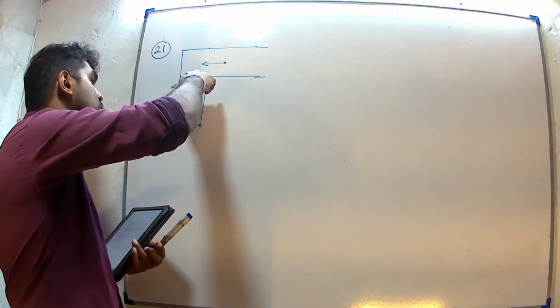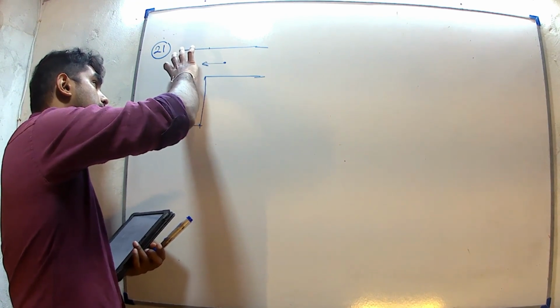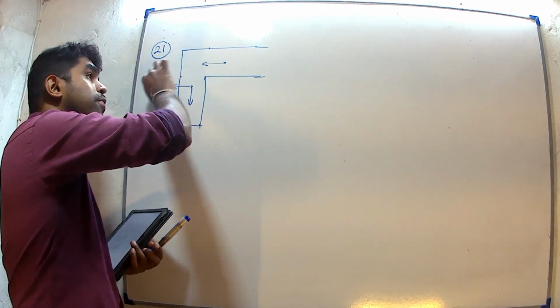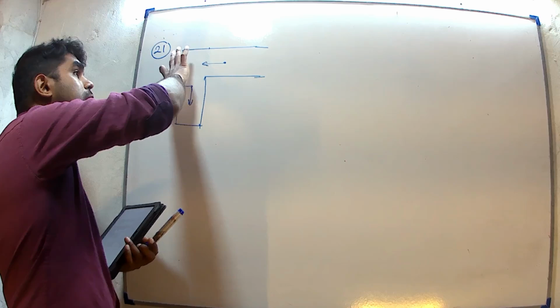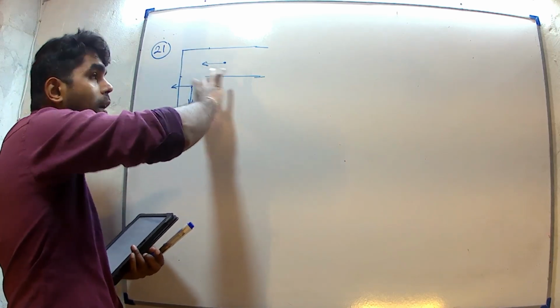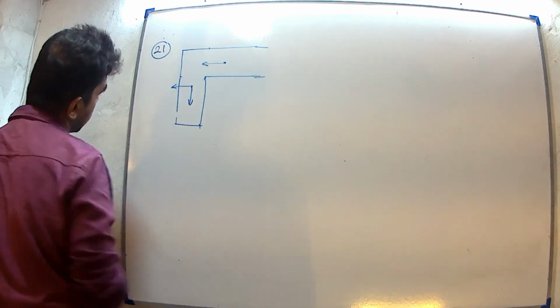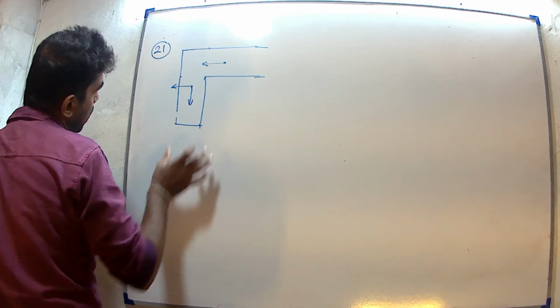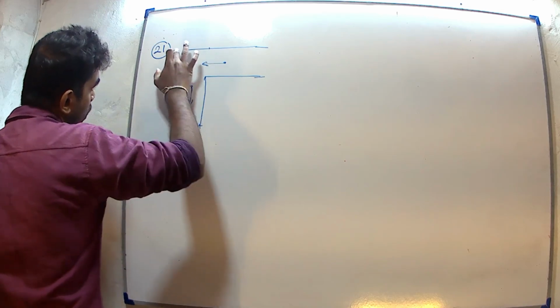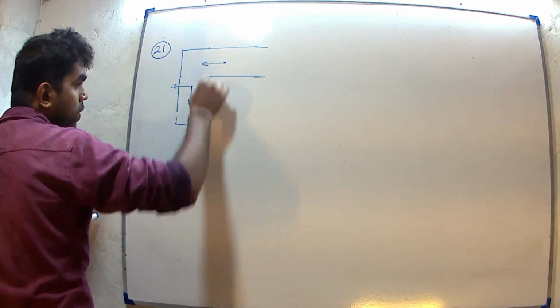Left hand side due to, it is moving to the left hand side because the weight of this part is greater than this part, and it should move downward because the weight of this part is greater than the weight of this part.